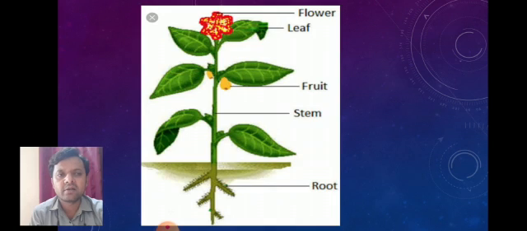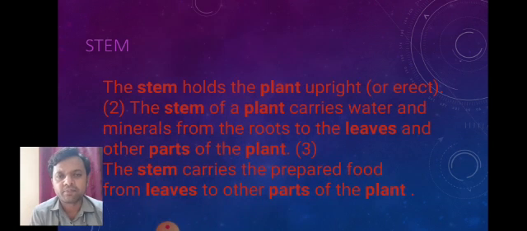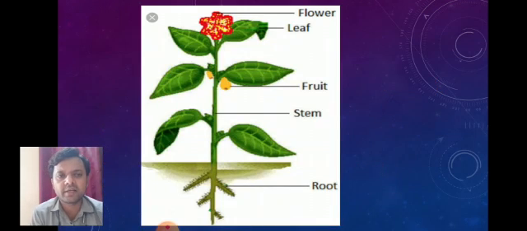So let us start with the stem. The two main parts that we are discussing in today's video are stem and leaf. So what is stem? Before starting with the stem, I would like to show you the diagram once again. See the diagram. Tell me which is the stem. Yes, it is shown clearly with the help of an arrow, with the help of a line. This is the stem.